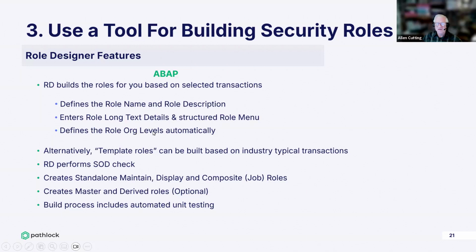and it will define the role org levels for each position automatically. Now, to do this, you will have done some configuration at the beginning when you first set up the tool for role naming conventions and some other logic on how the tool is going to perform certain types of operations.